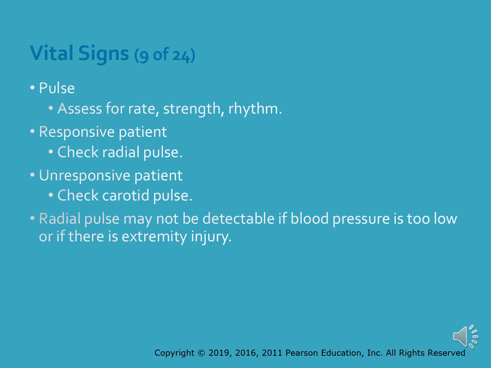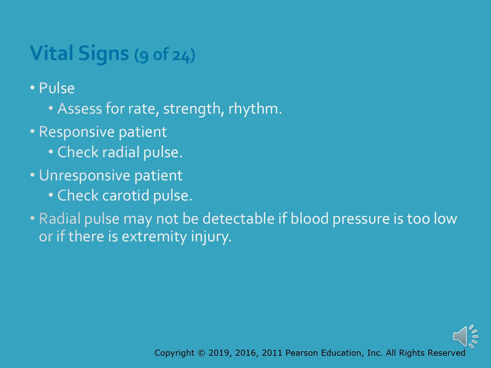So when caring for a responsive patient, you can check the radial pulse at the patient's wrist. For an unresponsive patient, the carotid pulse in the neck should be used. The term radial refers to the radial artery found in the lateral portion of the forearm on the thumb side of the wrist. If, for any reason, you are unable to feel the radial pulse, you want to assess the carotid pulse.